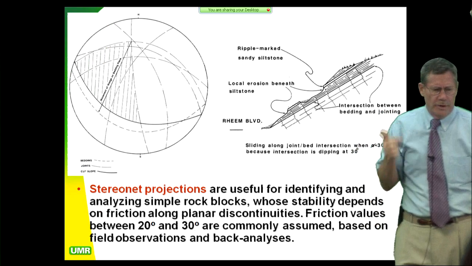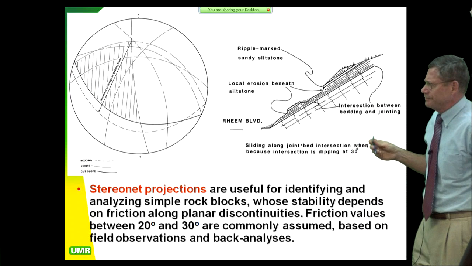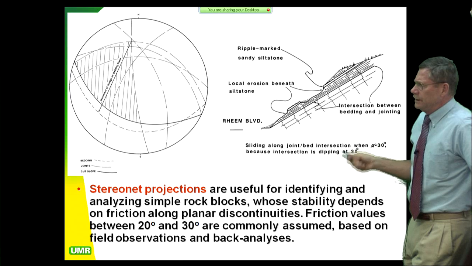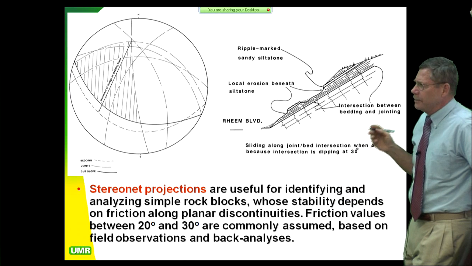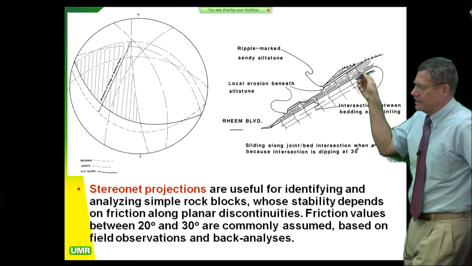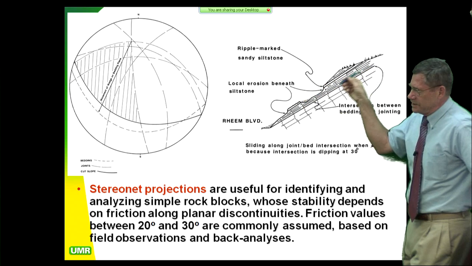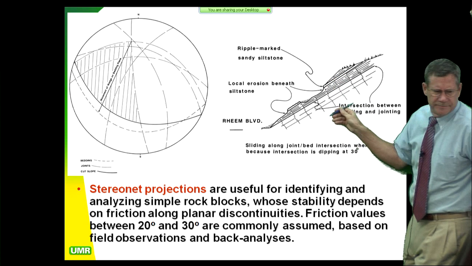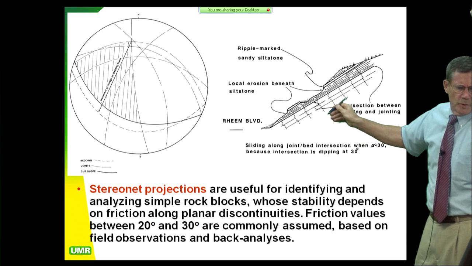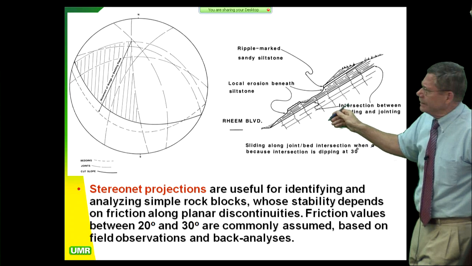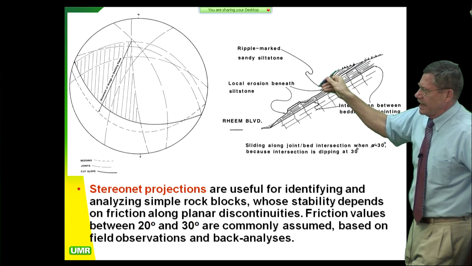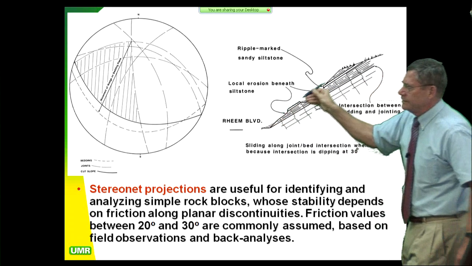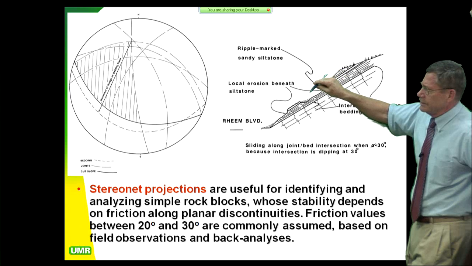All right, here's a simple one using a stereo net projection. They're very useful for identifying and analyzing the simplest rock blocks, where their stability depends on the friction, just on the planar discontinuity. So we're looking at a two-dimensional view here, where we have a siltstone unit sitting on top of a more massive unit down here underneath it, and this thing was originally made at a cut like this of 1.5 to 1, and that cut proved to be too steep for this particular place.